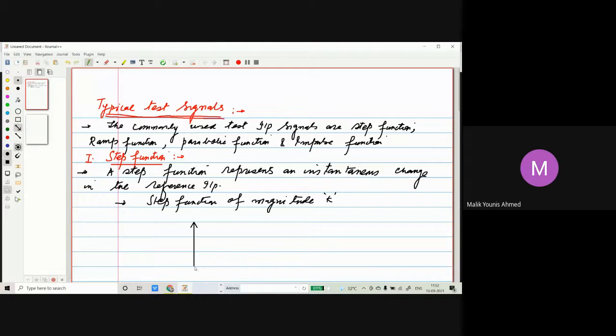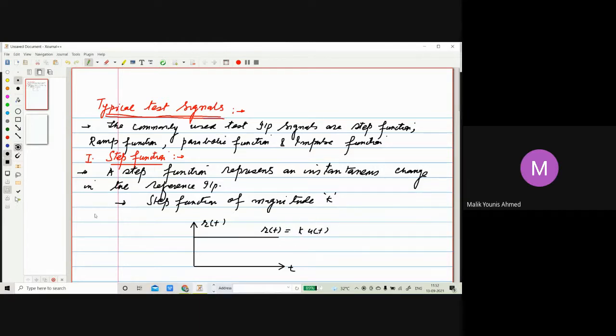First I will draw the graph like this. So I can take a step of any magnitude here. This is your input, and this is your time signal, and this is r of t will be k u of t.